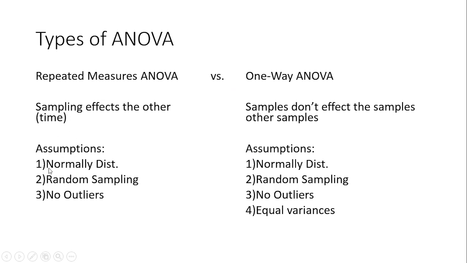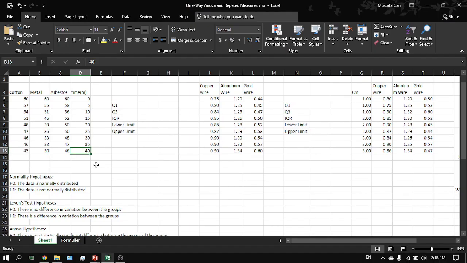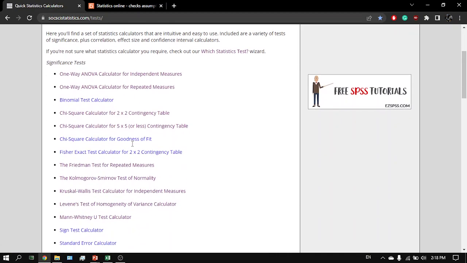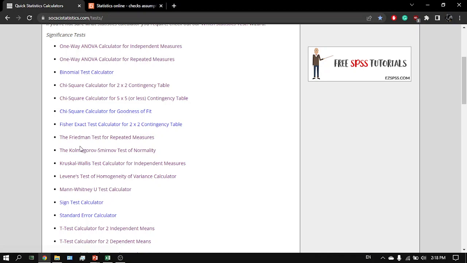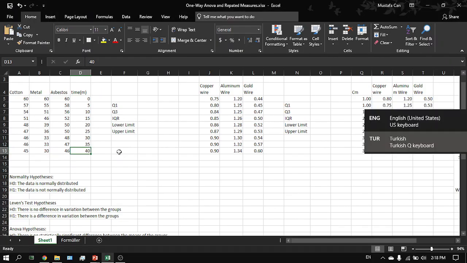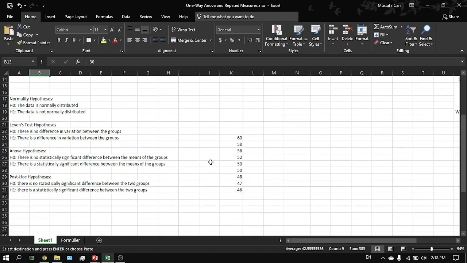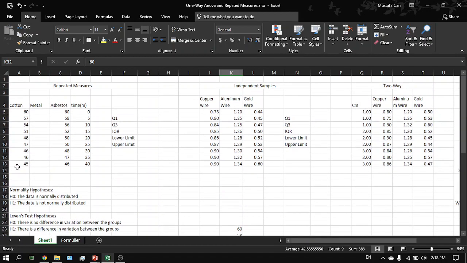So, assumptions: normally distributed. Let's see if it's normally distributed. I come to my calculator. This one, Smirnov test of normality. I stack my things on top of each other so that it's easier to copy.